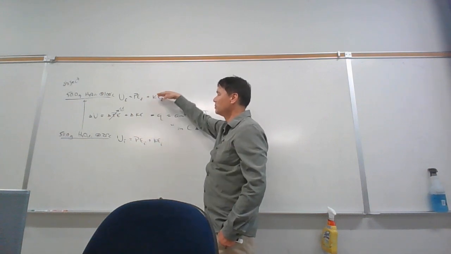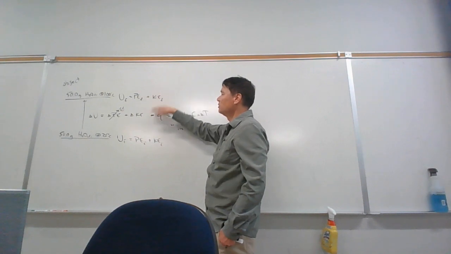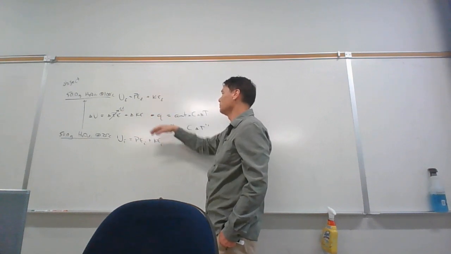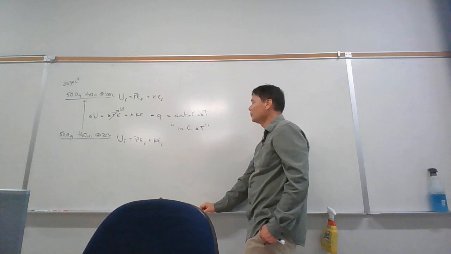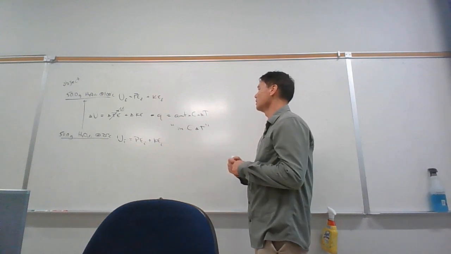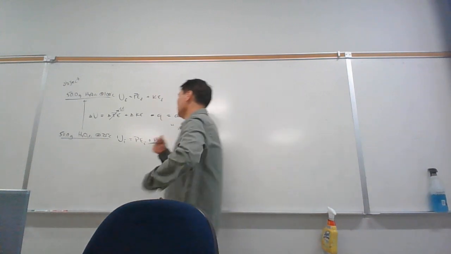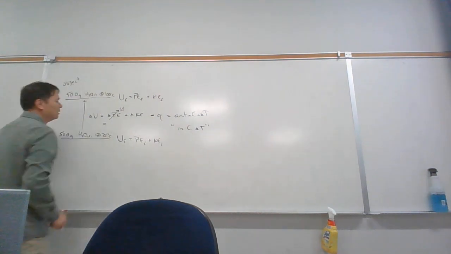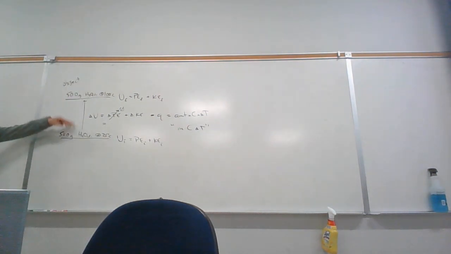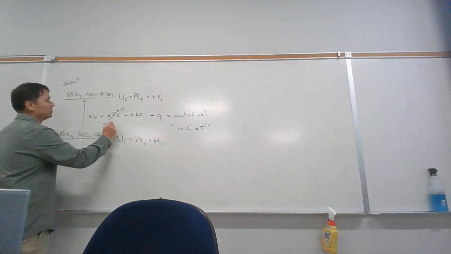We aren't going to put numbers here at U initial and U final, but we will put numbers here for delta U. And what was the number we calculated last time? How much heat was required to accomplish this here? 15.7 kilojoules.